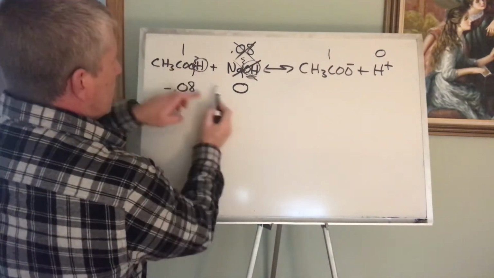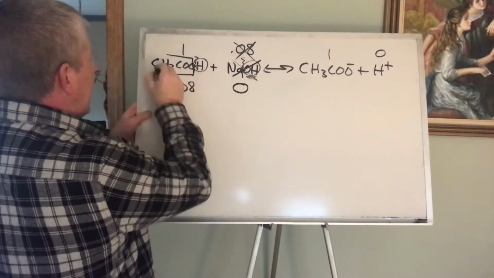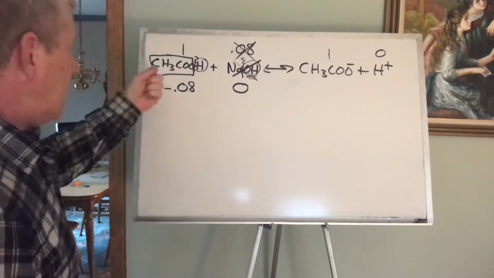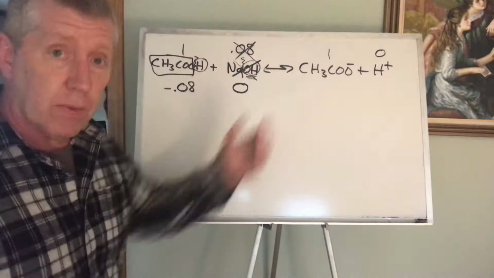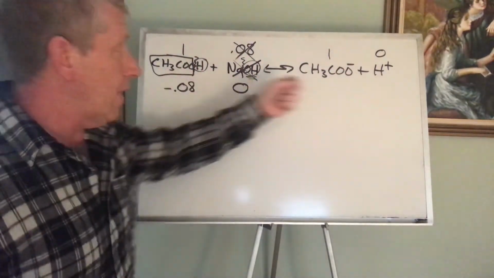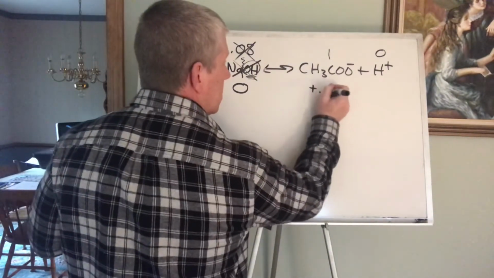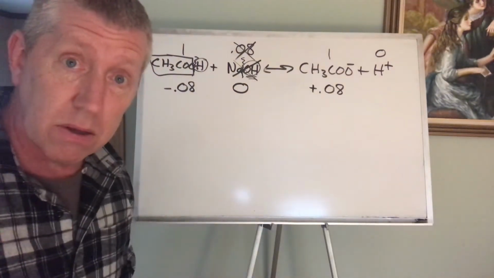0.08 of the hydrogens came off to neutralize the OH. That means I now have an extra 0.08 acetate floating around. Remember I said we're going to take this and push it to the right, and we push it to the right by creating more acetate ion. So we picked up 0.08 of that.